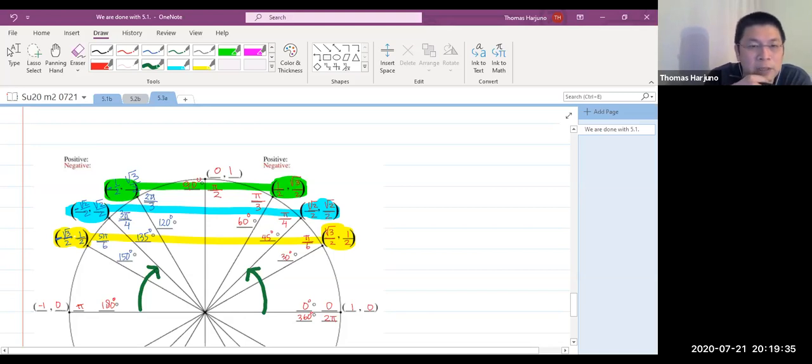If two angles have the same reference angle, then the coordinates will be the same except the plus minus sign. Let me say it again. Reference angle the same means the coordinates the same except the plus minus sign.